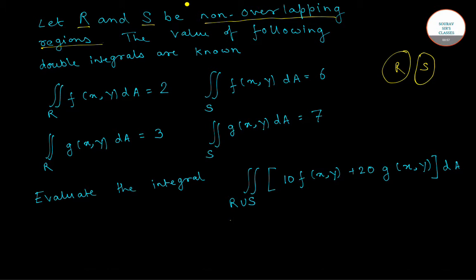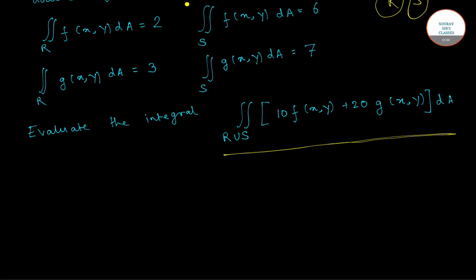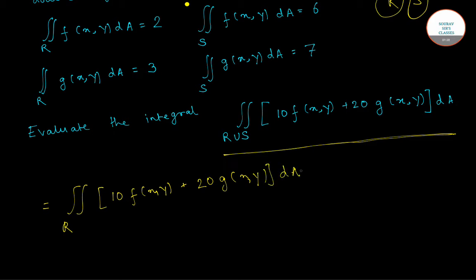So we have to evaluate this integral. Now from the question we can write this as the double integral over R of 10 f(x,y) plus 20 g(x,y) dA, plus the double integral over S of again 10 f(x,y) plus 20 g(x,y) dA.